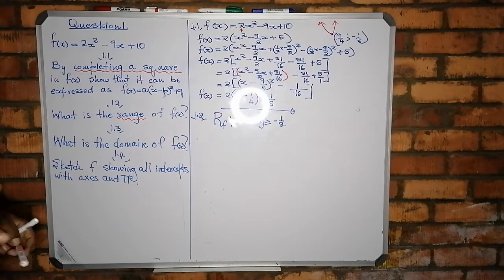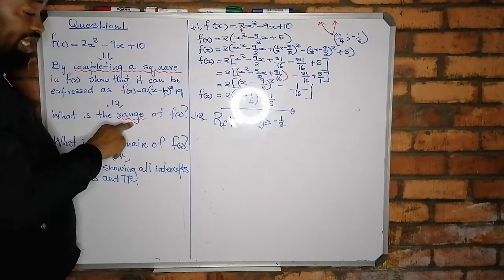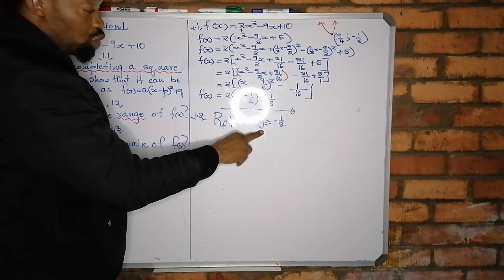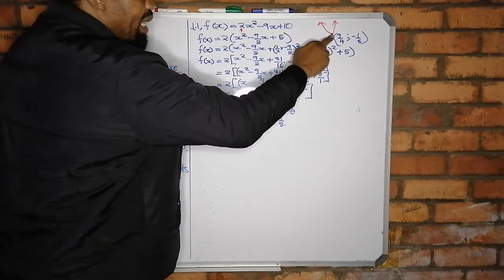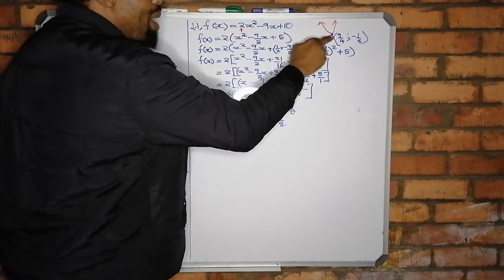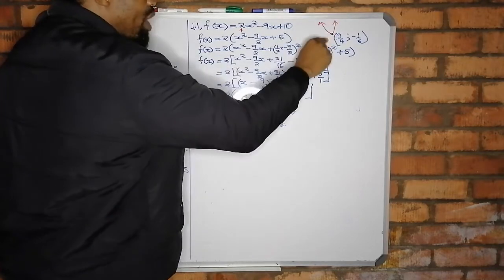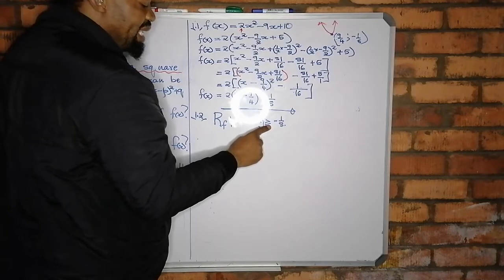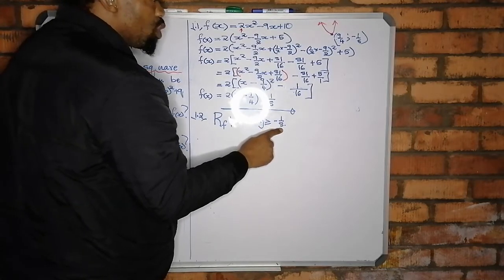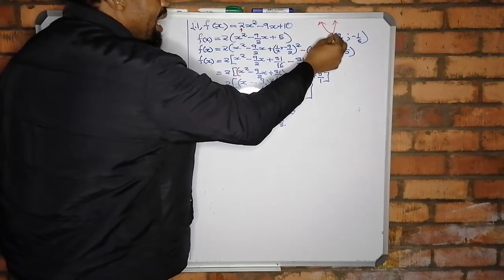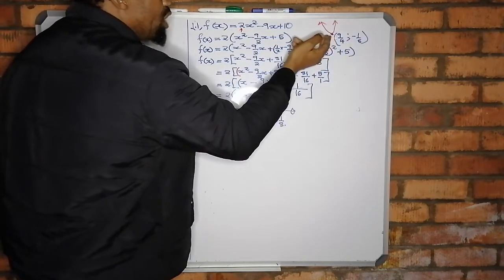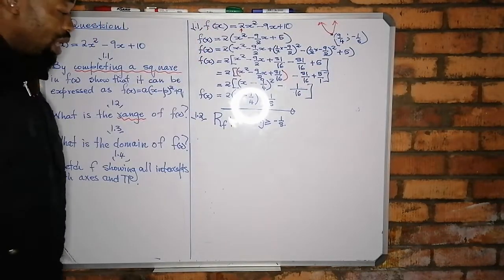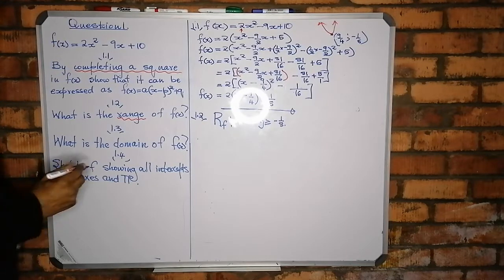I hope that everyone gets this. Your range are all the values of y. What are our values of y? Our values of y in this particular one have a minimum value there and a maximum value there. That is why I'm saying the y values would be greater and also equals to minus 1 over 8. It means from here we have minus 1 over 8 and all the other values of y in this particular one. Beautiful question.